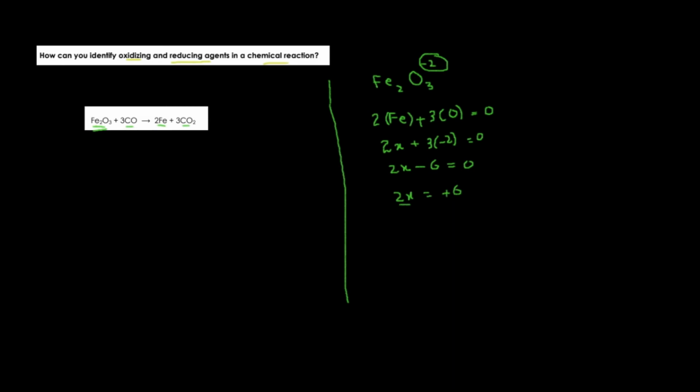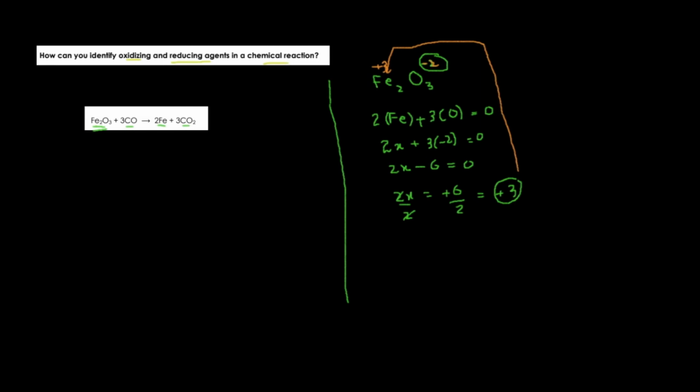Here we have this 2 in multiplication, so divide this side by 2 and also this side by 2. So these two cancel and 6 divided by 2 you will get +3. Now this is the oxidation state of what? This is the oxidation state for the iron atom that is present in iron oxide. So in this case our oxygen has a -2 charge while iron has a +3 charge.